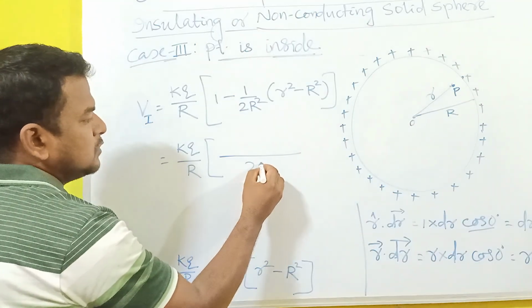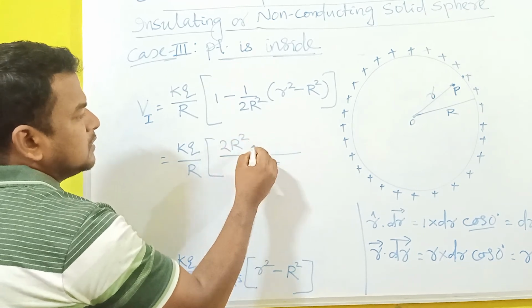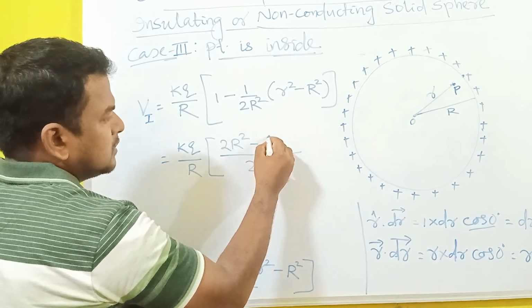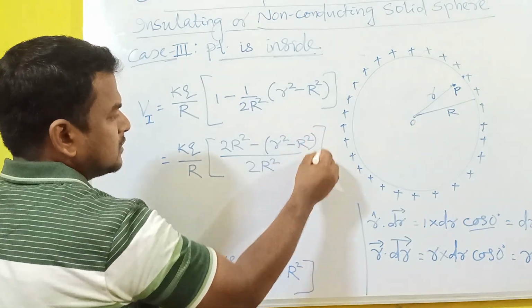Take the LCM, 2R square minus small r square minus capital R square.